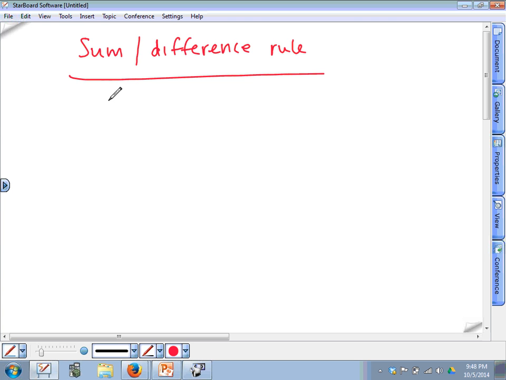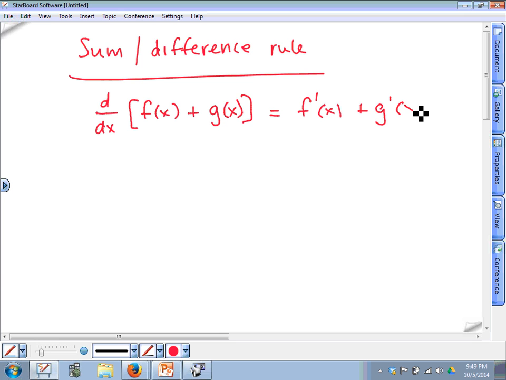So basically what this says is the derivative with respect to x of the sum of two functions is equal to the sum of their derivatives. Okay. The same thing is true of the difference, so if you're taking the derivative with respect to x of the difference of two functions, that's equal to the difference of the derivatives.